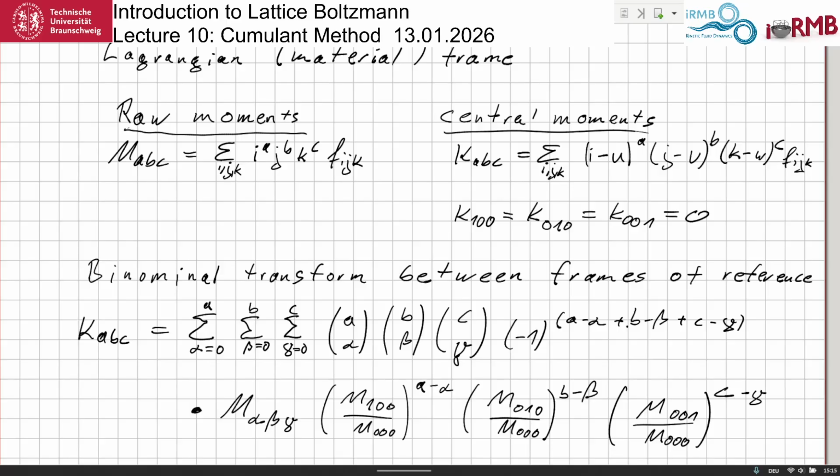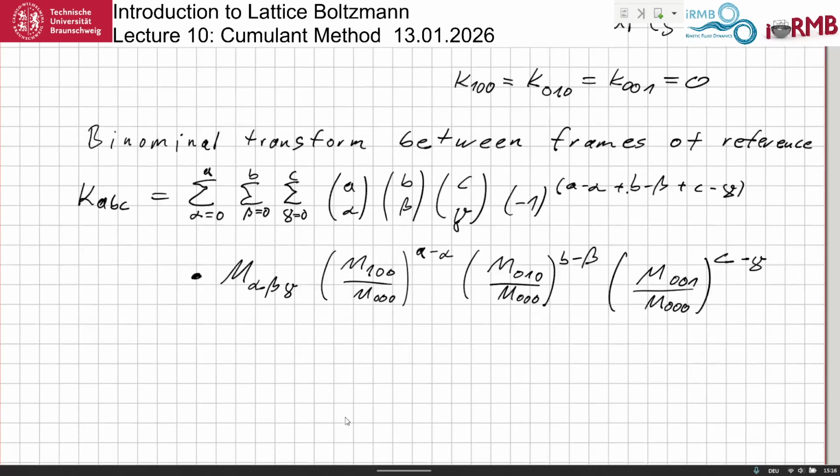However, it is not a polynomial in the raw moments. So you see, each raw moment comes only once. It's a polynomial in the velocity, but not in any other moments. This is, by the way, different when we later come to cumulants. Cumulants have different properties from these.